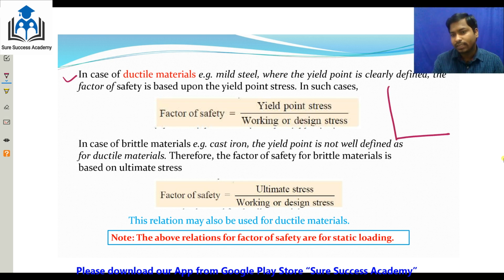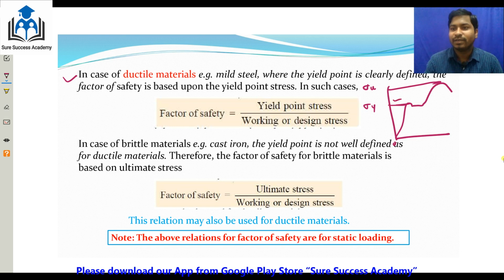So you draw the stress and strain diagram like this. This is the yield point, and this I will mark as the ultimate stress. For the ductile material the yield point is very clear. Friends, the failure of a material doesn't mean that it will separate into two pieces.